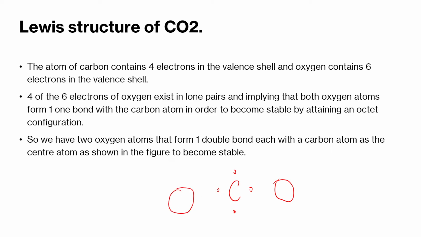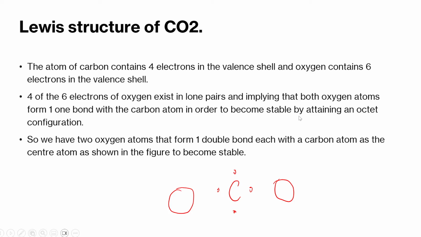oxygen atoms, right? Oxygen has how many valence electrons? 6. That's a question, by the way. How many valence electrons does oxygen have? 6. All right, tough crowd.